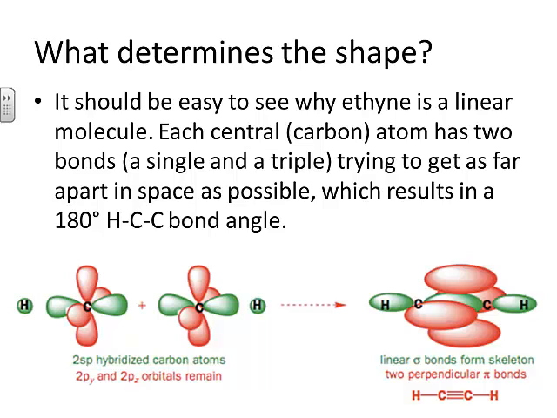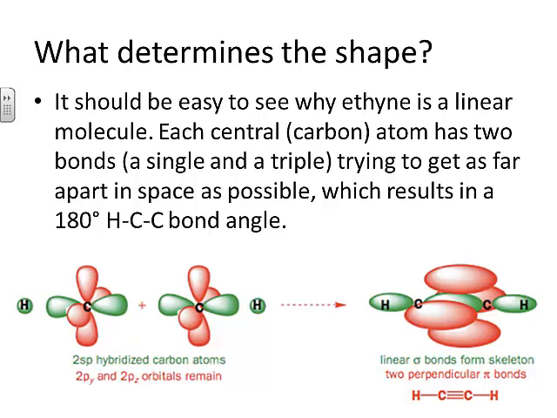Each of those central carbon atoms, because there's 2 central atoms here, if we just consider them one at a time, the one on the left, that carbon atom, has a single bond to the hydrogen and a triple bond to that other carbon. So what we have is 2 bonds, a single bond and a triple bond, trying to get as far from each other in 3-dimensional space as possible.